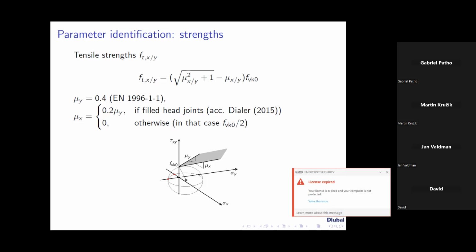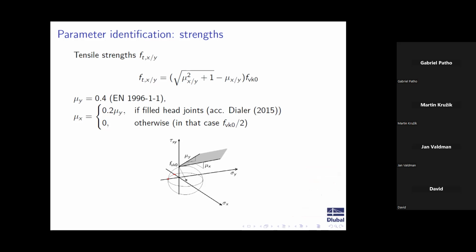I hesitate to call it a Mohr circle, but it's kind of like a Mohr circle approach. In that case, where that sphere touches my normal stresses, I define my respective strengths in the uniaxial direction.